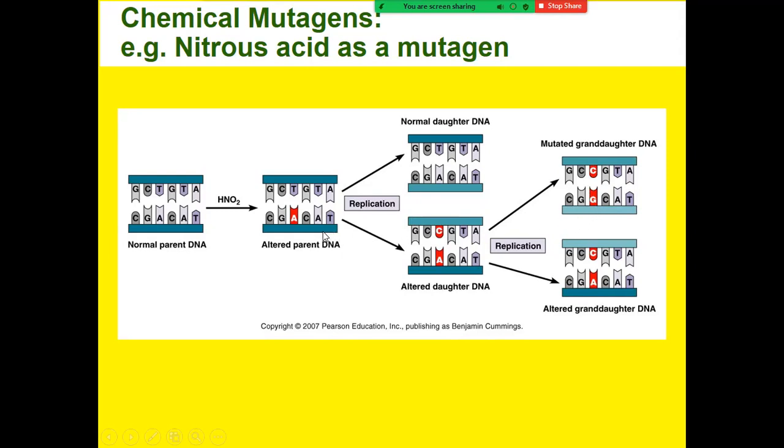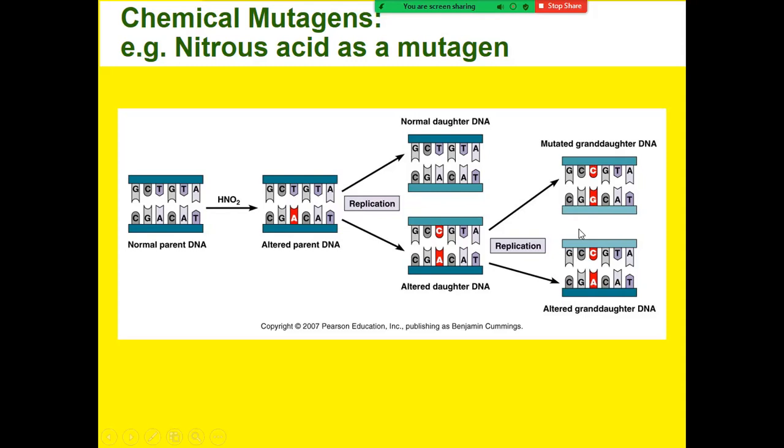And then if that were to be replicated, you would fix it back to what it should be. So it's not impossible, but it's not very likely. The only way you could repair it would be a back mutation.